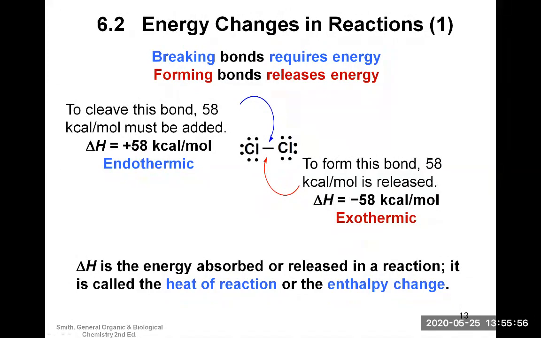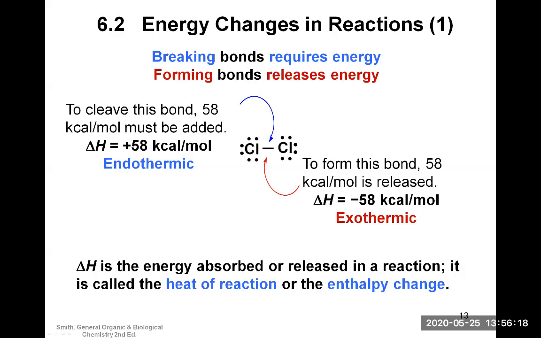So let's take, for example, two chlorine atoms, bonded together in the molecule Cl2. To cleave this Cl-Cl bond, you will need to provide 58 kilocalories per mole to break the bond.